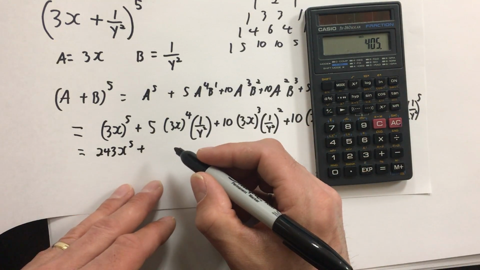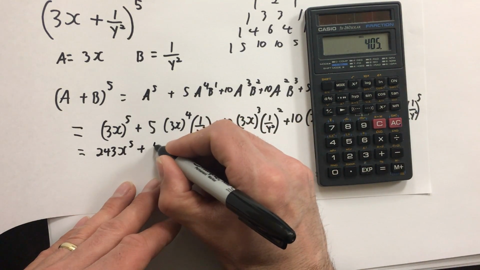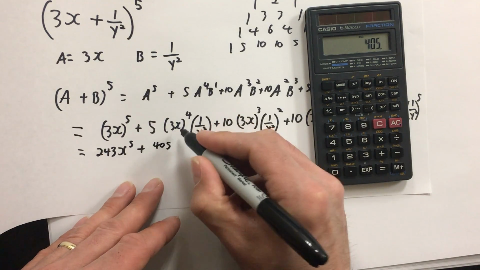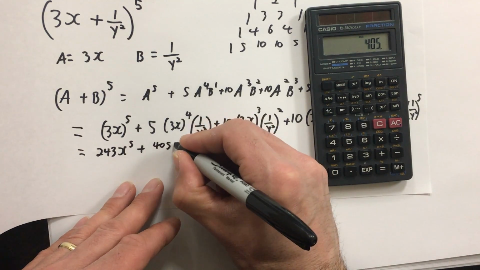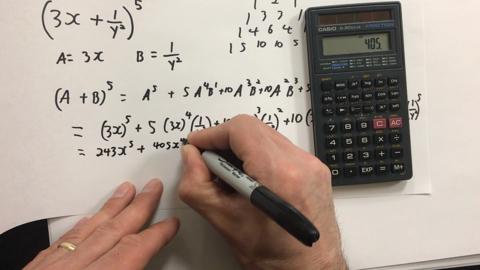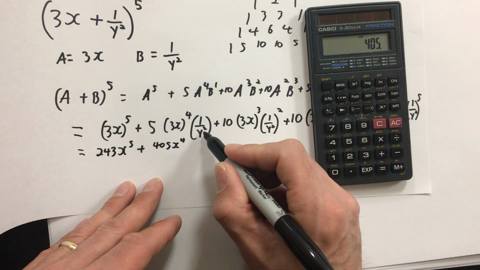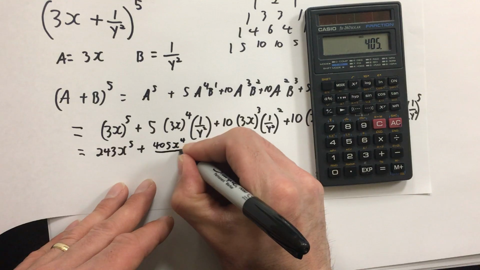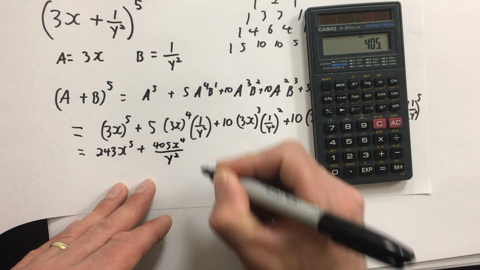That gives us 405. X is raised to the exponent 4. And we have 1 over y squared, so we're going to divide that whole thing by y squared.